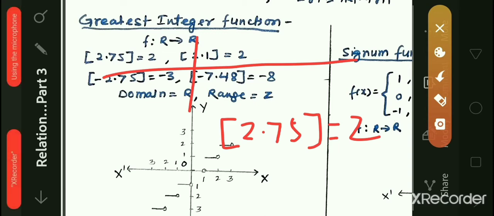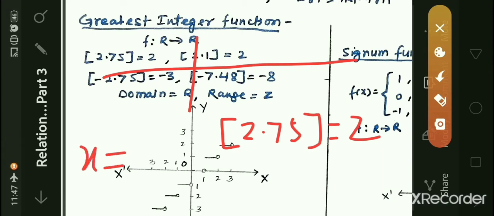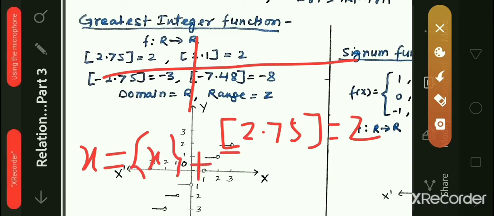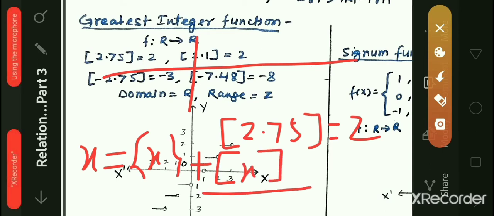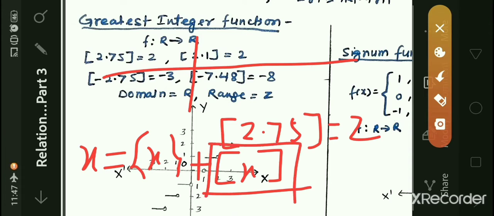Actually there are two parts in a number. Suppose there is a number x, then it has two parts. One is called the fractional part and the other is called the integer part. This integer part is called the greatest integer function. Simply we can also call it greatest integer.